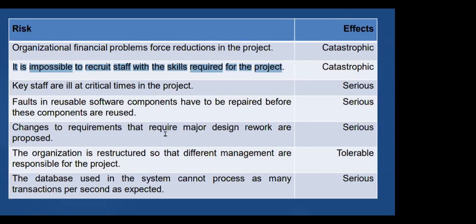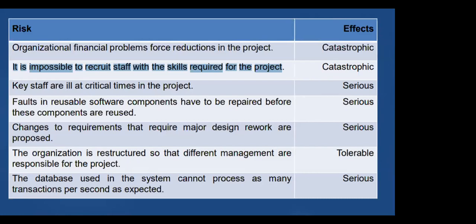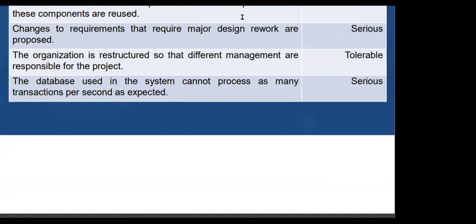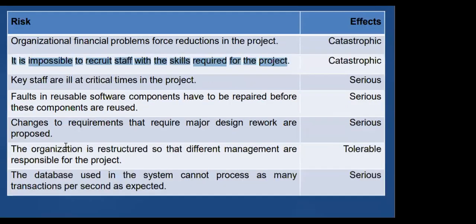Tolerable and insignificant are the ones that you can basically tolerate to some extent, even though they are irritating. You can still, to some degree, accept them. For example, the organization is restructured so that different managements are responsible for the project. This is a terrible decision, and unfortunately it happens in our industry quite often. Somewhere in the middle of the project, the management changes.